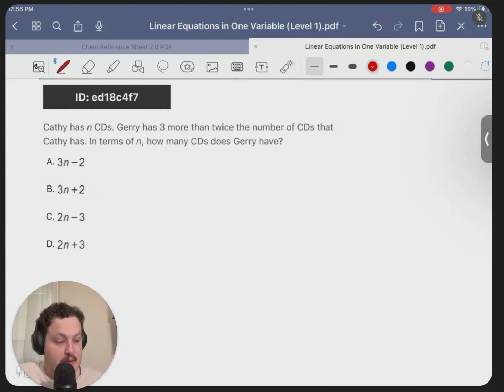Kathy has n number of CDs. Jerry has 3 more than twice the number of CDs Kathy has. In terms of n, how many CDs does Jerry have? Wonderful. This is where words mean something, right? Jerry has an equal number to 3 more than what? 3 more is addition.